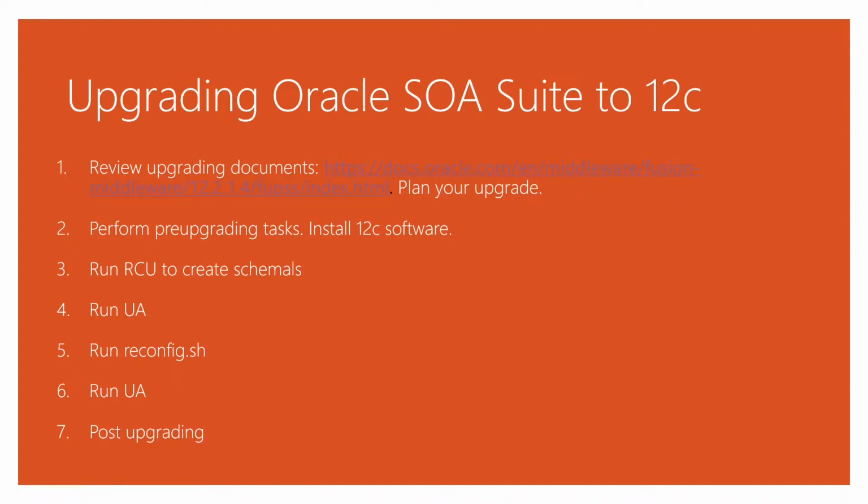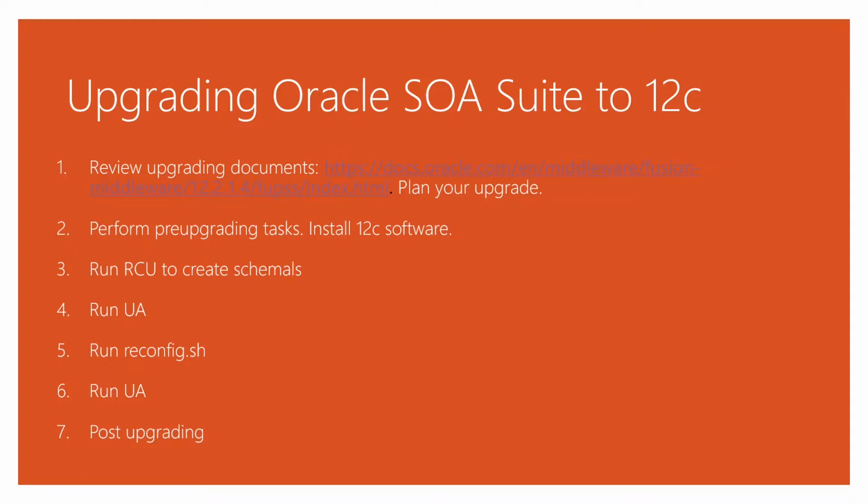There are two upgrading strategies. One is called out-of-place, which means you're gonna install the software in a brand new server or brand new location and create a brand new domain, and then just deploy your code. So this is called out-of-place upgrading.